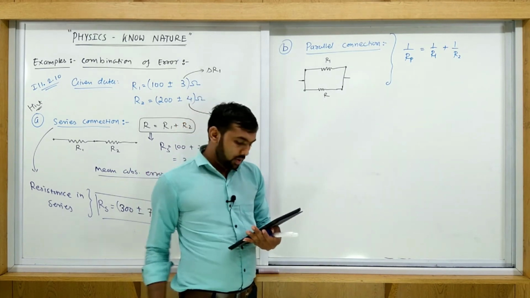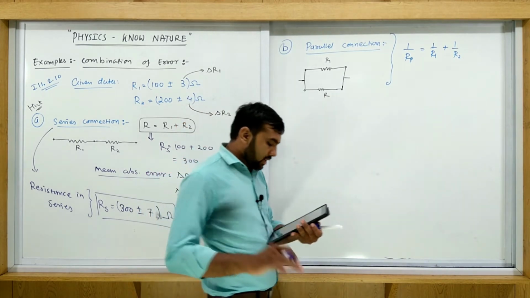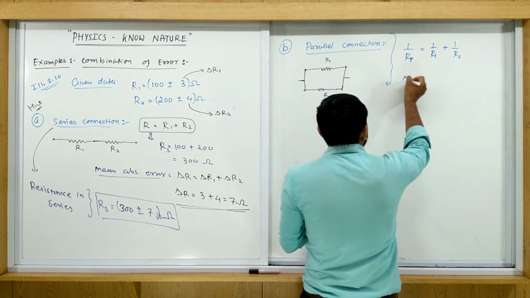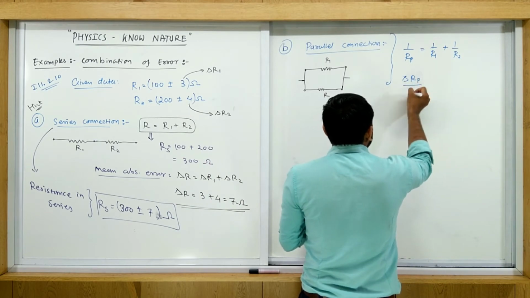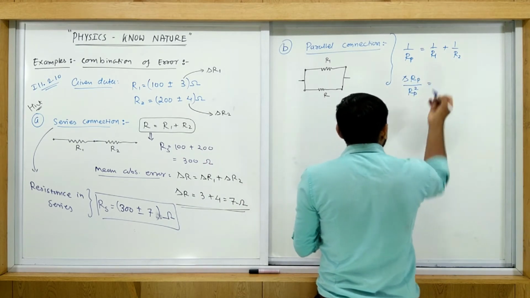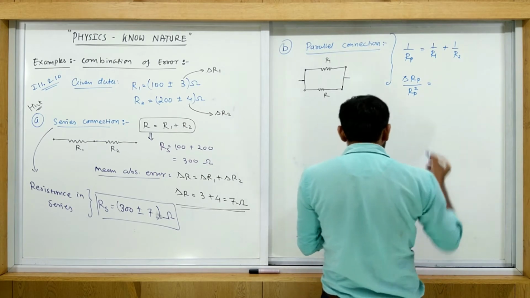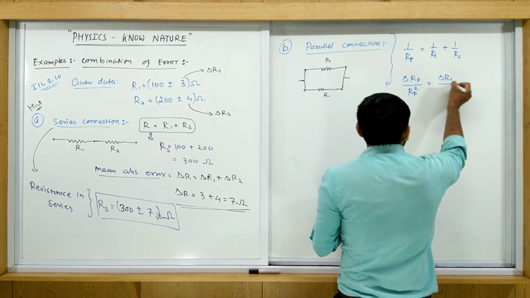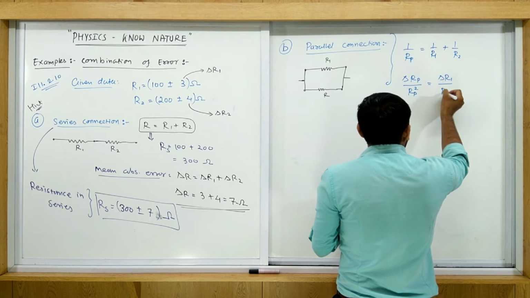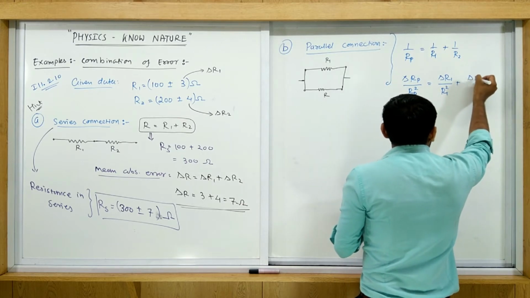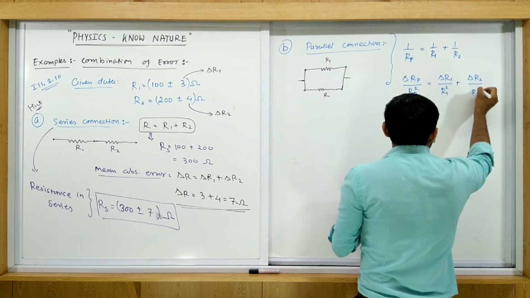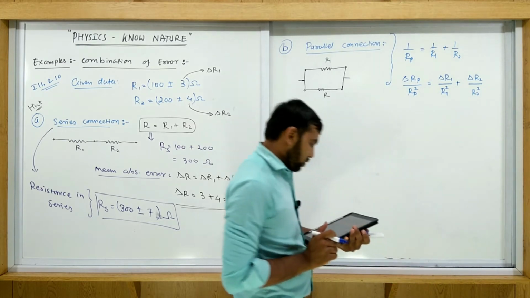This is given in the problem, so don't worry about this. And the second relation is also given to us: delta R parallel upon R parallel square is equal to delta R1 upon R1 square plus delta R2 upon R2 square.